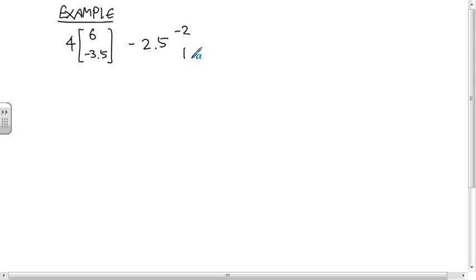Okay. Here's an example. I'd like you to see if you can work through this. Calculate the resultant vector for this expression: 4 times the vector 6, negative 3.5, minus 2.5 times the vector negative 2, positive 1.